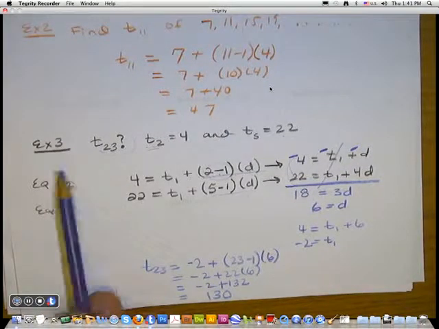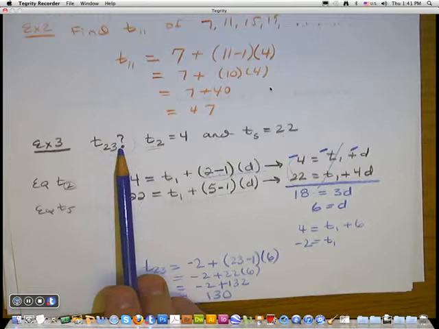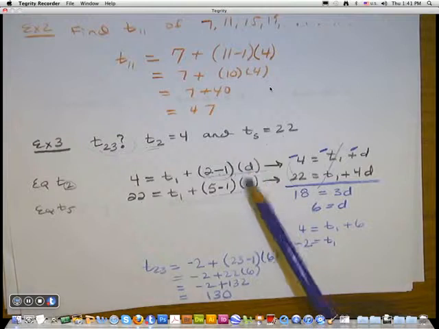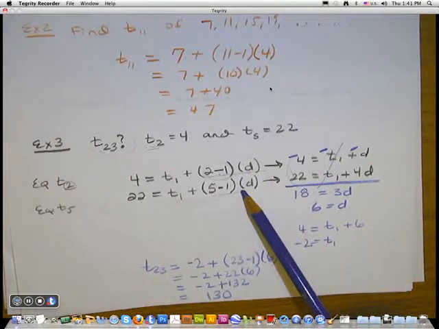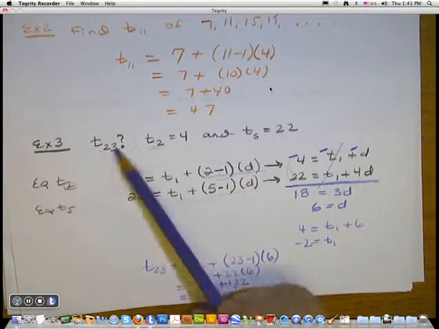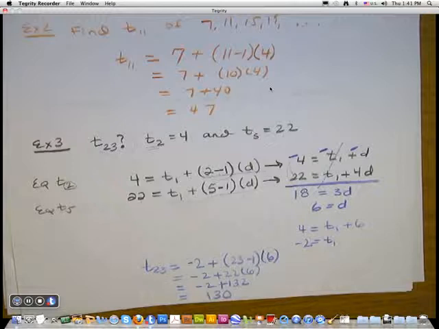When you're asked for a different value, this is always the process you're going to go through. You must set up the two equations, solve them for your unknowns, and then use those unknowns to get what you're asking for.